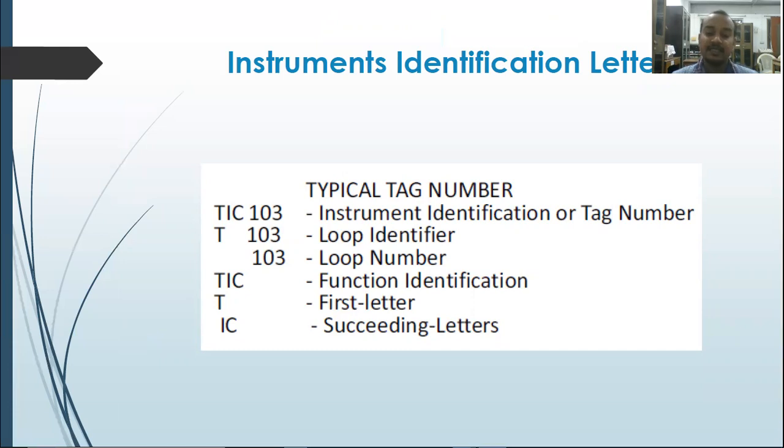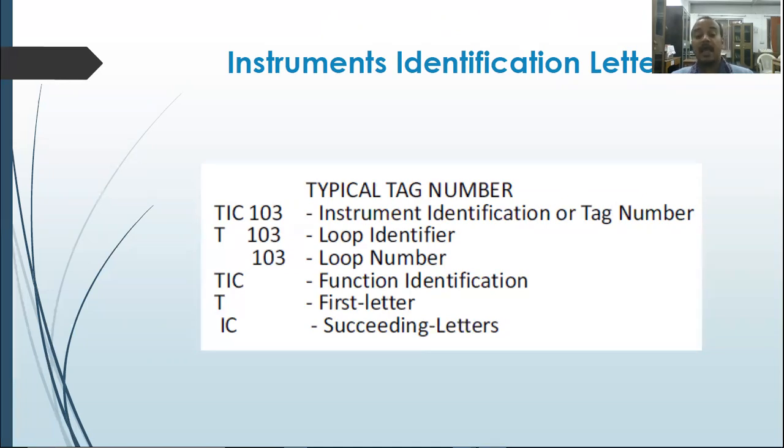This is written over here as TIC 103. What is the significance of this TIC 103? It is written as instrument identification or tag number. So from this tag number, what information can I absorb? First of all, T103 will give you the information of the loop identifier, which type of loop it is.